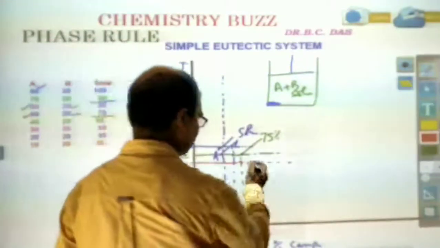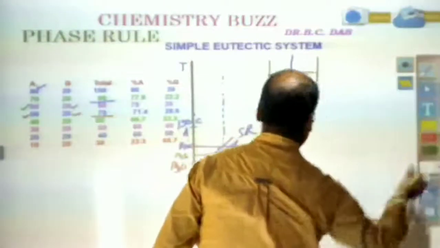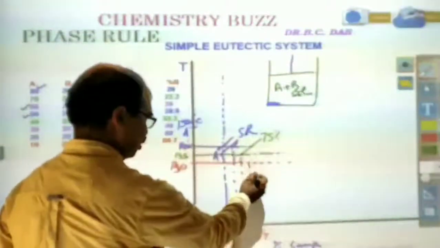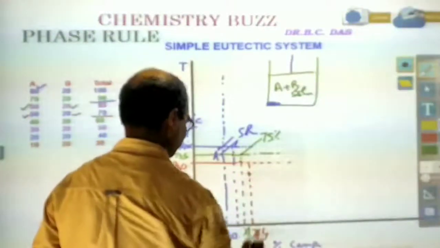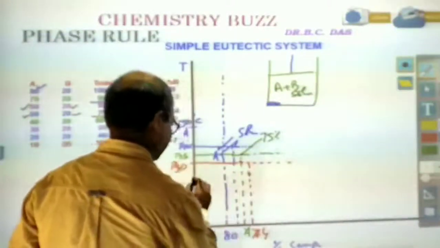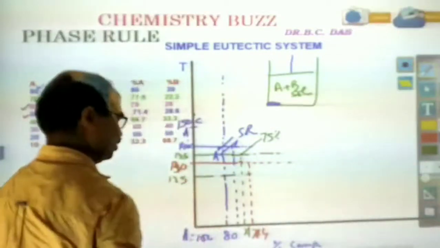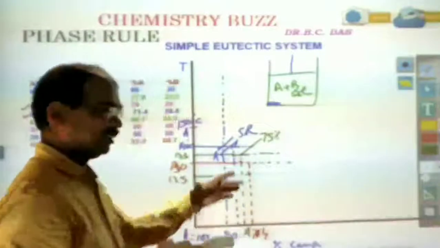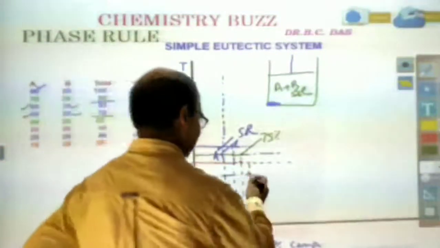At this point the freezing point will be further lowered, say to this temperature, 125 degree centigrade.